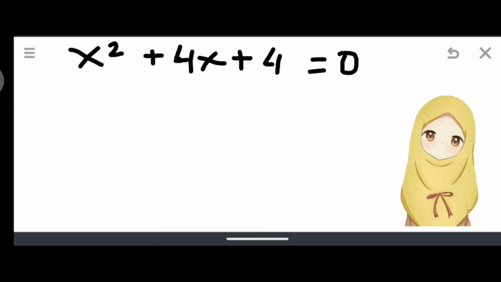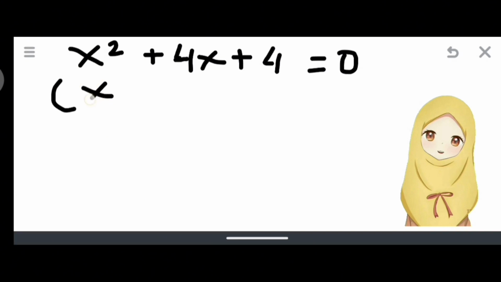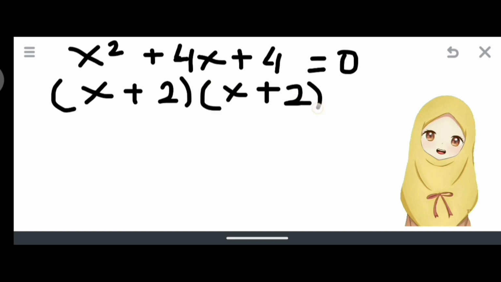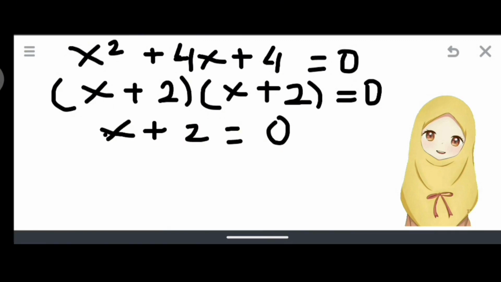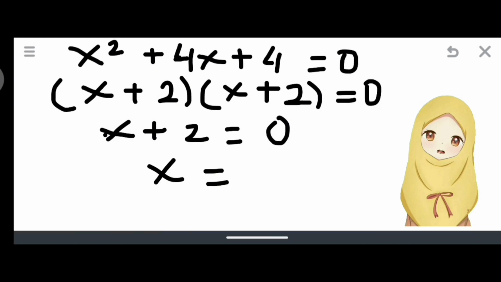We can factor the left side of the equation as follows. (x plus 2)(x plus 2) equals 0. x plus 2 equals 0. The root of the equation is then x equals -2.